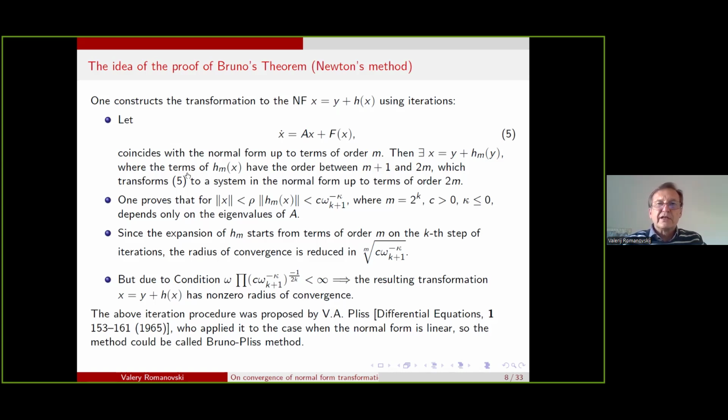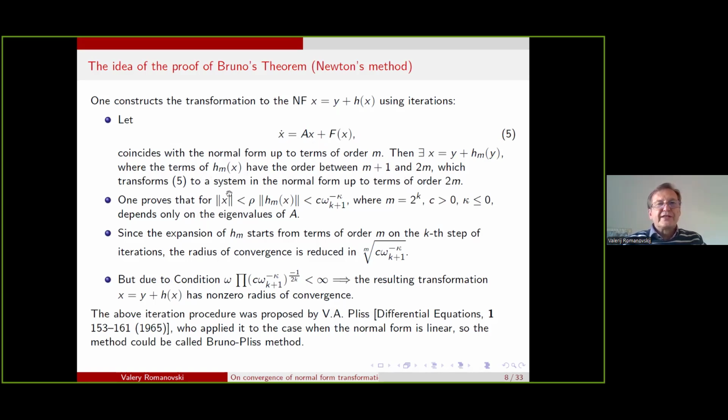So it's only terms between m plus 1 and 2m, which transforms our system to a system in the normal form up to terms of order 2m. So this was normal form up to terms of order m, but we can transform to the normal form now up to terms of the order 2m.